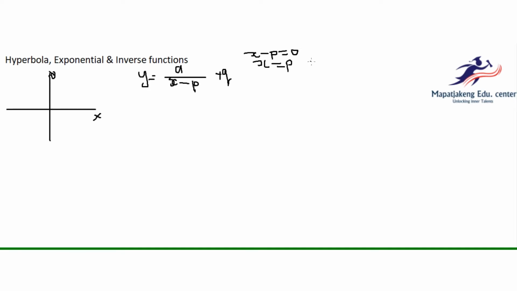This will be our vertical asymptote. An asymptote is a line which your graph doesn't touch. Then our horizontal asymptote will just be y is equal to q.